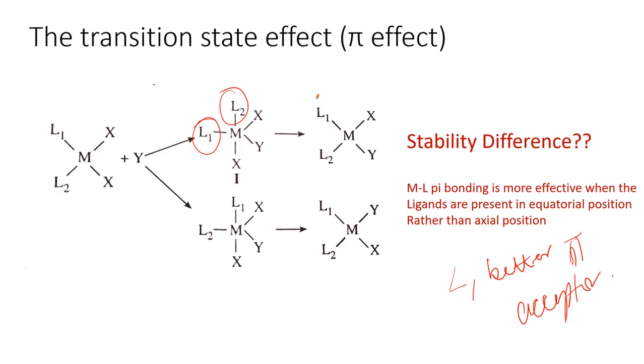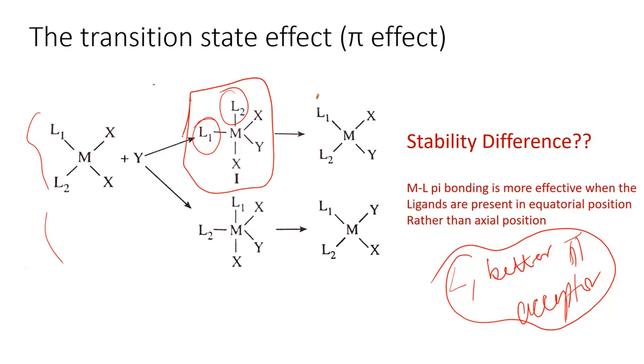So now when L1 is a strong pi acceptor, between these two pathways, the one in which L1 is in the axial position will be less preferred than the other. Here L1 is placed in the equatorial position, whereas here L1 is placed in the axial position. So definitely the latter would be less favored if we are considering L1 as a better pi accepting ligand.